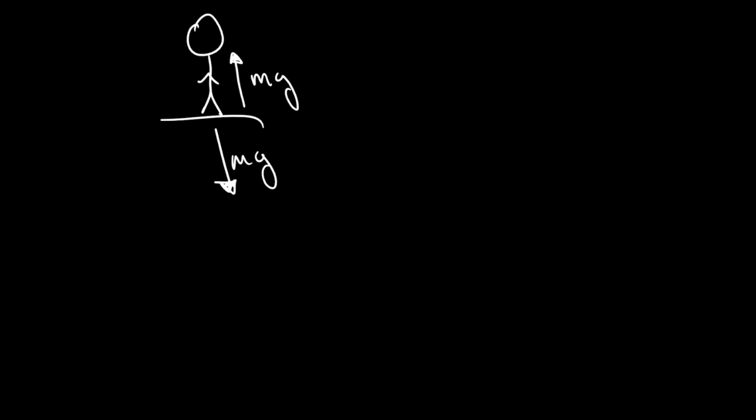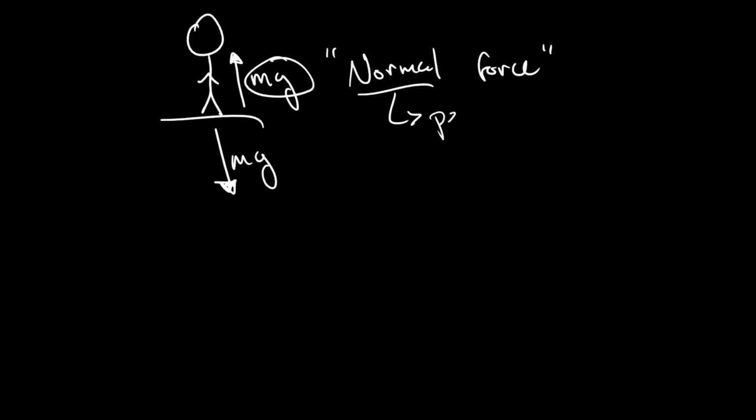That's why you don't go accelerating through the ground, even though there's a force acting on you. There's an equal but opposite force acting in the opposite direction, so that you don't experience any total acceleration. And this is just called a normal force. Normal because it always acts perpendicular to a surface. And I'm sure I'll talk about the normal force quite a bit in the future.